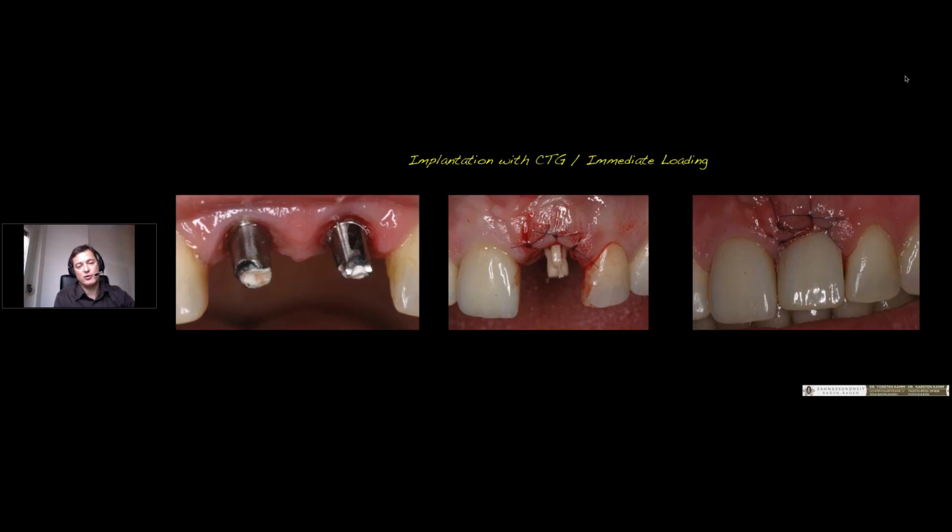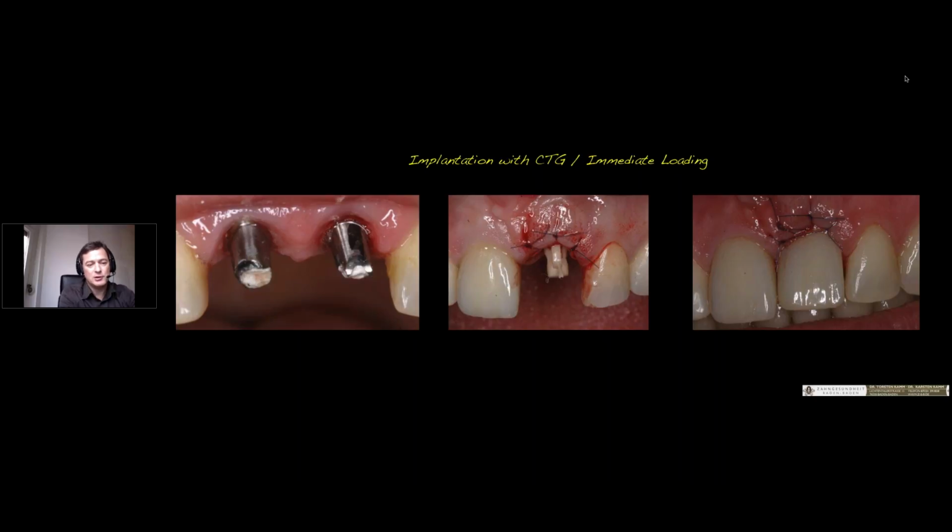You can check it if you're using a zirconia abutment and putting air pressure inside. You see, if you're using a titanium abutment, the soft tissue will go away from the abutment.